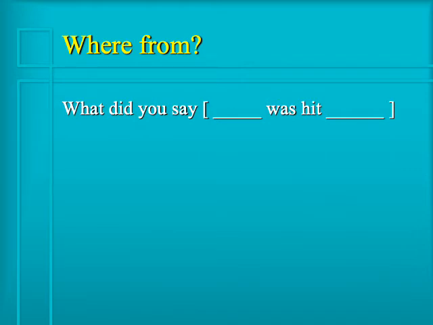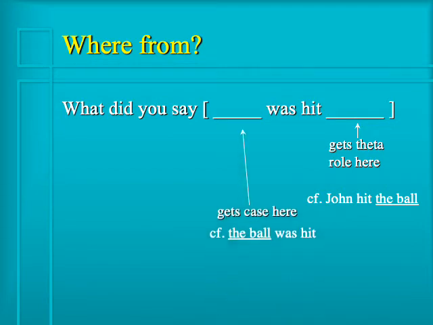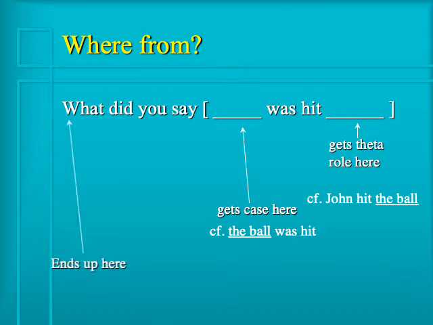So what is something that you hit, right? So you hit something and you want to ask what it was. So what must have originated in the object position of hit, and then it moves to the subject position before was, and then it must have moved to the sentence initial position. So what gets a theta role here, like John hit the ball, and then it moves to the subject position to get nominative case, and then it ends up here.